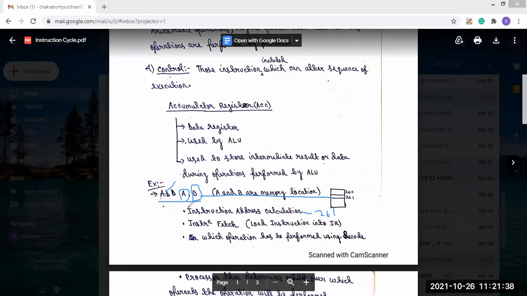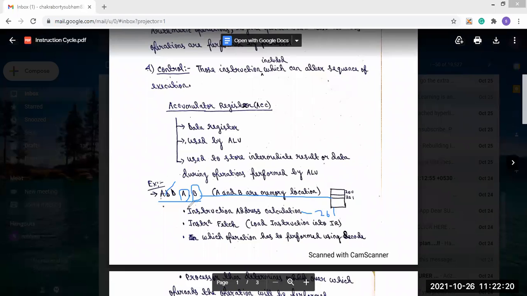What does getting the operands mean? If any operands are present in the memory, here the operands A and B are present in the memory, because A and B are memory locations, and the data is stored in these locations. Then the processor will bring them into a temporary register and perform the computation, because everything we perform has to be brought into a register.